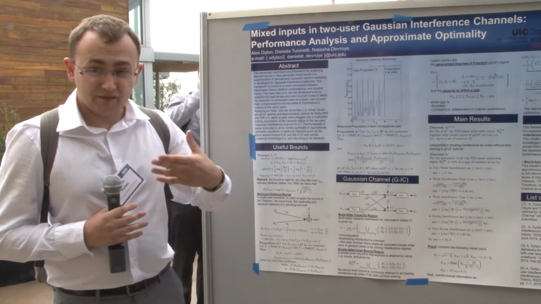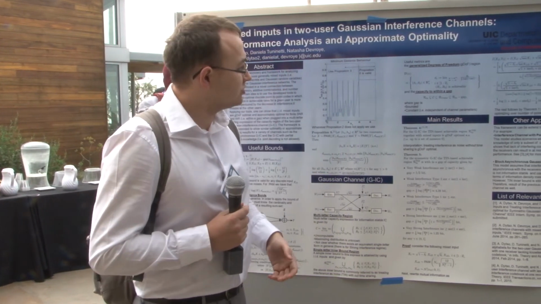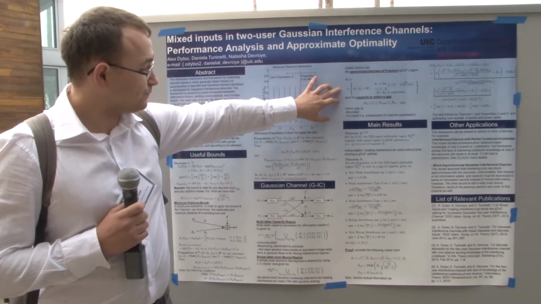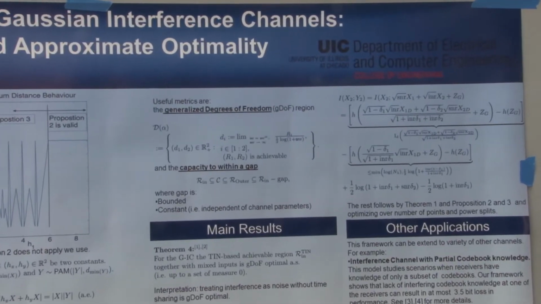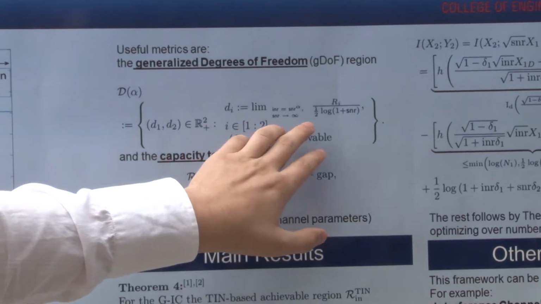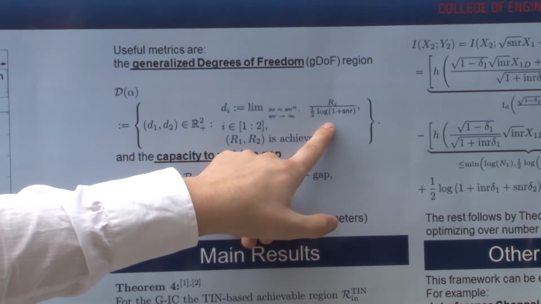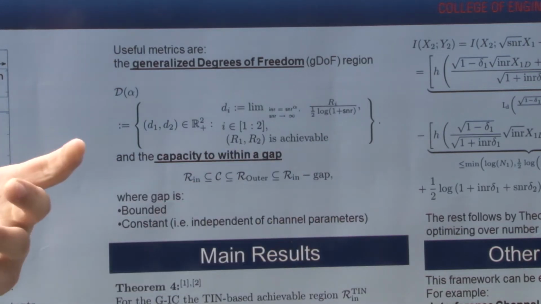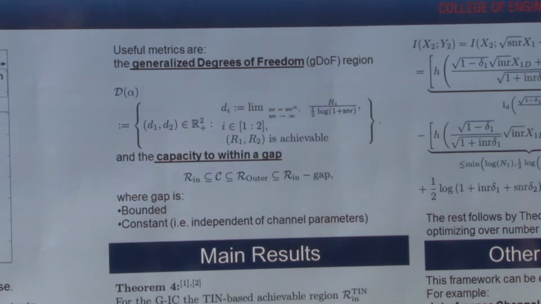By very close, we use two different metrics. One is the so-called generalized degrees of freedom, which studies capacity at high SNR. We take the achievable rates, divide them by the point-to-point capacity, and take SNR to infinity, with INR being SNR raised to some exponent alpha.